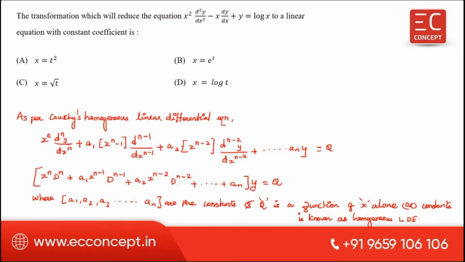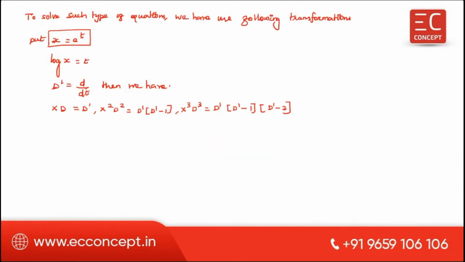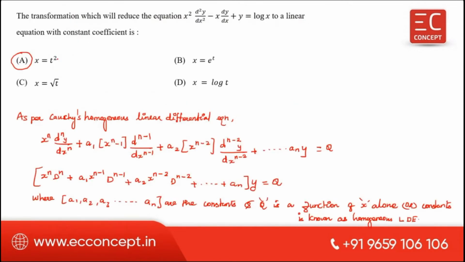This is the procedure. Okay, now they are asking, for the linear differential equation with constant coefficient, what is the transformation that you are using? Is it x equal to t square? No, x equal to e power t, not t square.